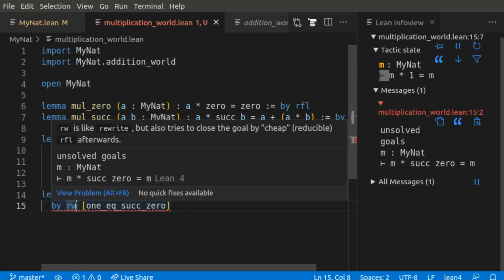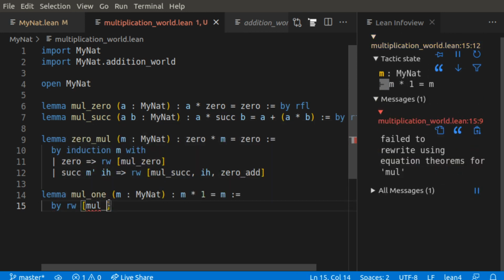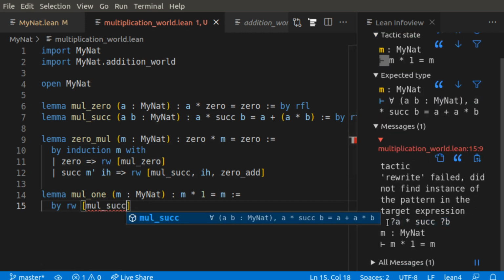Okay, if we try to apply the theorem mul successor to this, well, we get an error because we don't have the pattern something times successor something else. We have the pattern m times 1.